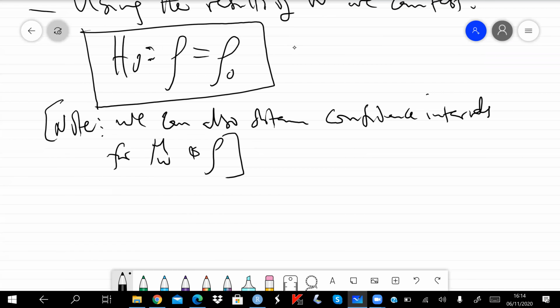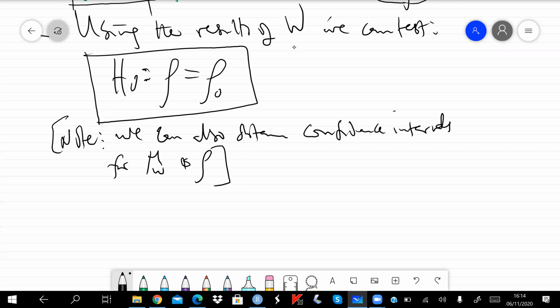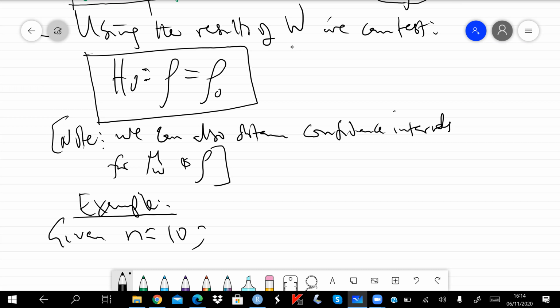Okay, so let's have a quick example. You are given n is equal to 10. Then you are given R is 0.958.